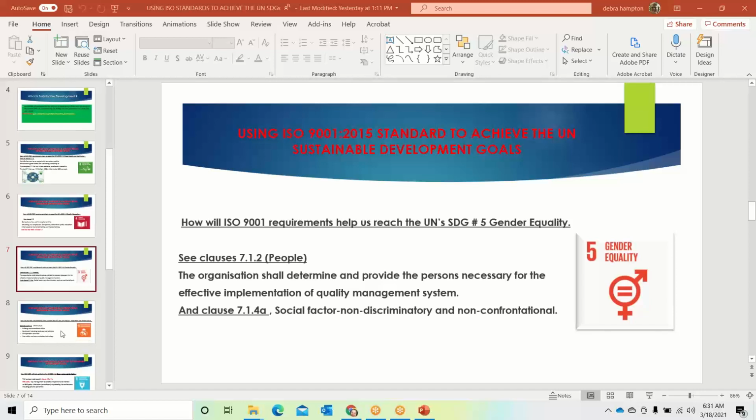So I believe by applying this clause, we are going to be able to achieve this sustainable development goal, most especially looking at the social factor that will affect a suitable working environment, which is non-discriminatory and non-confrontational.